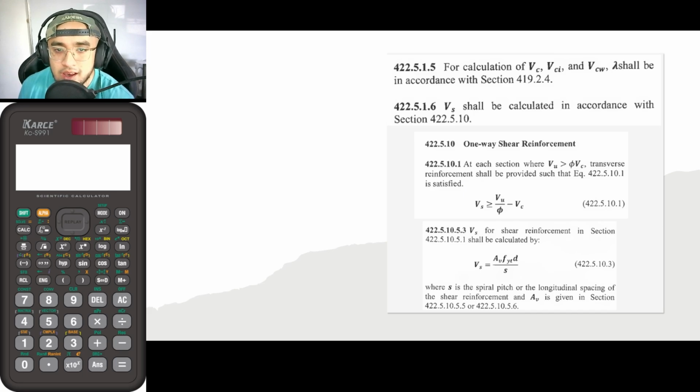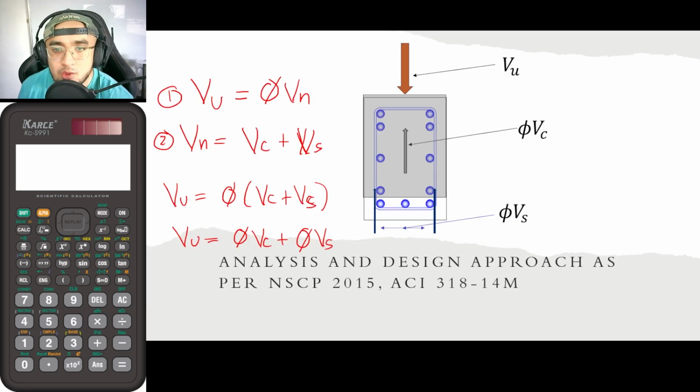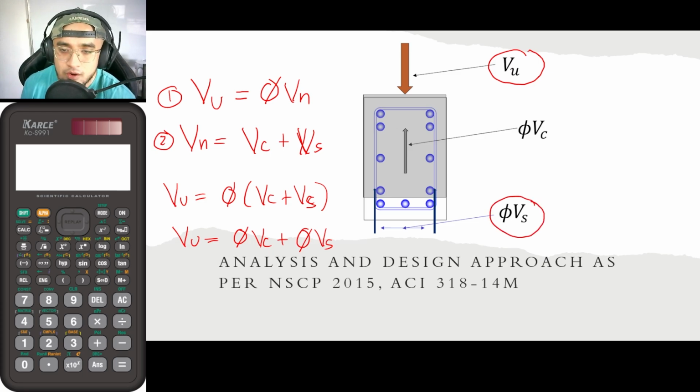Okay, so moving forward, how can we now solve for Vs? So actually, what we would want to do, guys, suppose that we have a particular Vu. In our design, we should solve for Vs in order for us to know how much shear the steel should be carrying, and basing it from that, we will now check for the spacing.